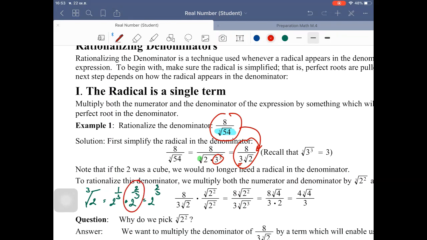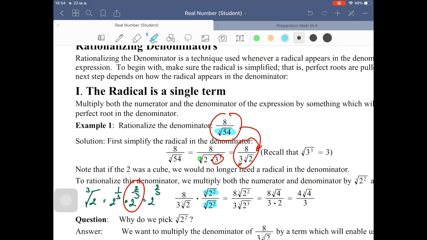And here, we should add this number to both numerator and denominator, but change this to the radical form. So what do you get here? You get the cube root of 2 to the power of 2. Do you understand? The cube root of 2 to the power of 2.